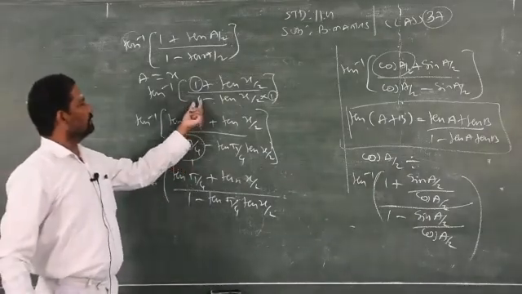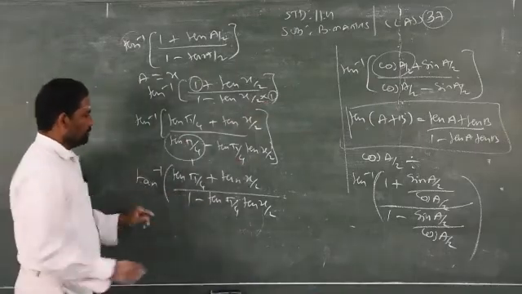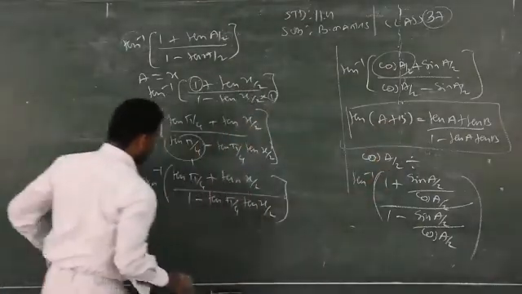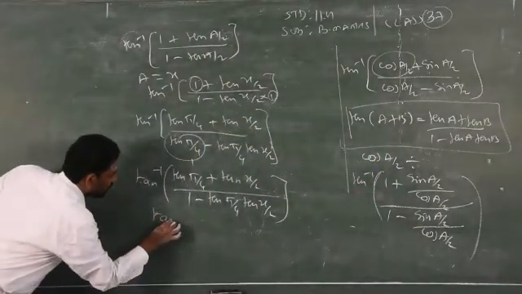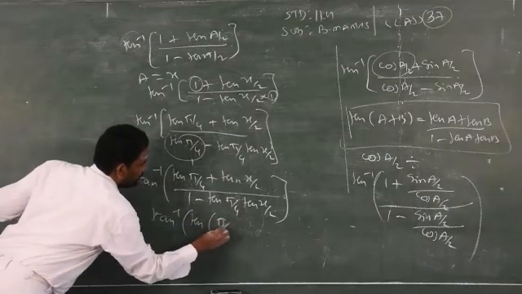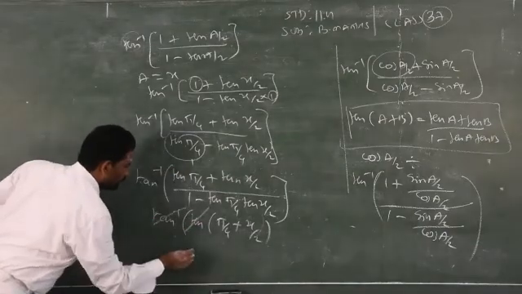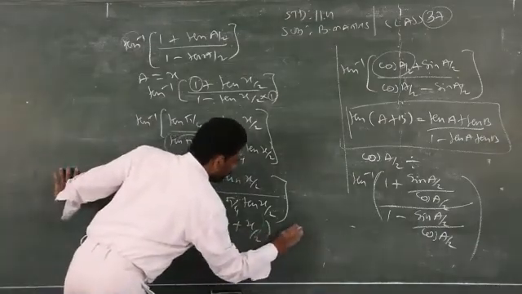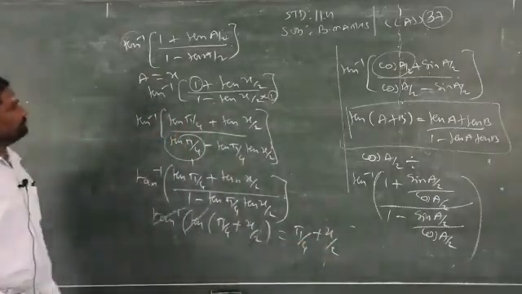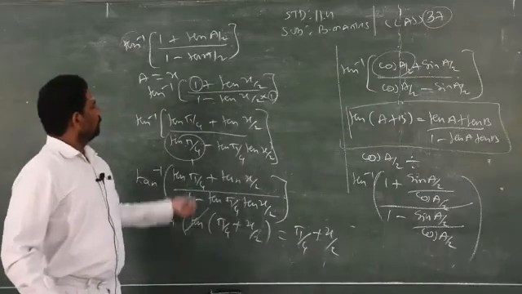In the examination you can keep 1 as it is, this alone you can replace by tan pi by 4. So this is the tan a plus b formula. So tan inverse of tan a plus b, these will get eliminated. What will be the answer? Pi by 4 plus x by 2. That's all. Clear? So using the basic concept and simplifying, you will get the answer.